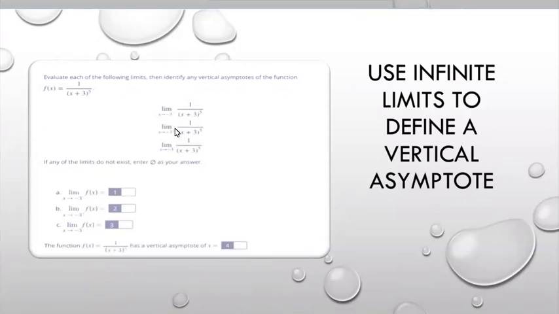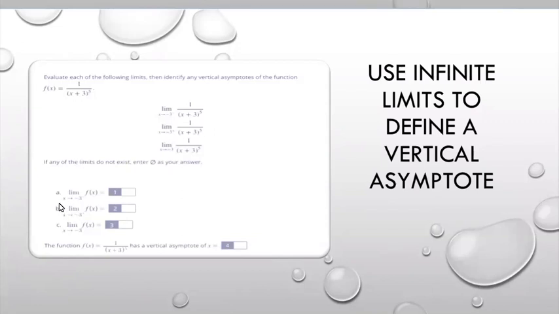We do know that we have a vertical asymptote at x equals minus 3, because of the previous definition of the vertical asymptote. So what we are going to do here is see whether this is going to positive infinity or negative infinity.